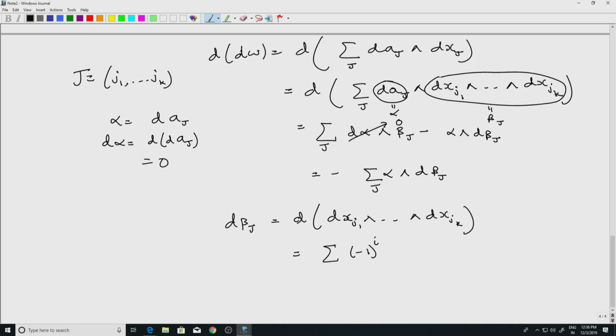And then d of x_{j1} wedge, you will end up taking d of x_{ji}, so here the summation is over i, dot dot dx_{jk}.